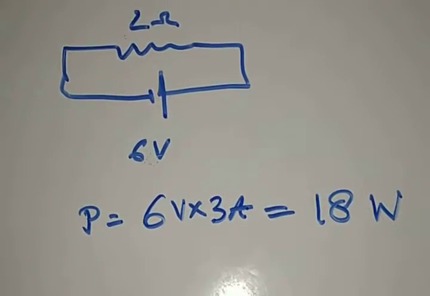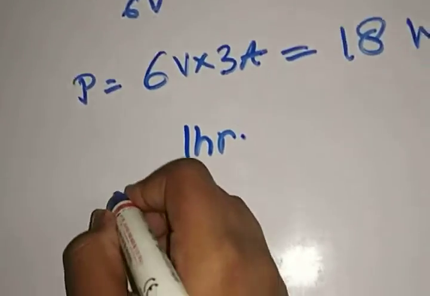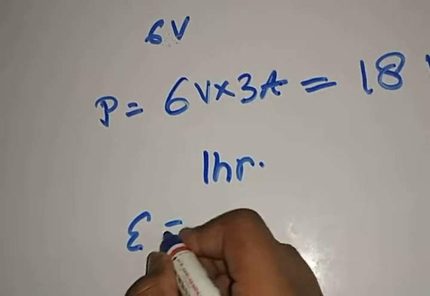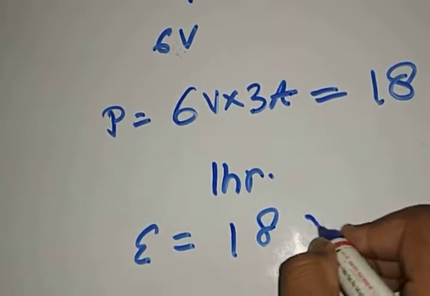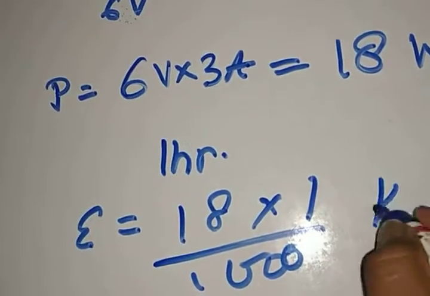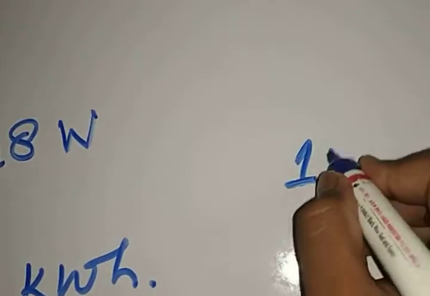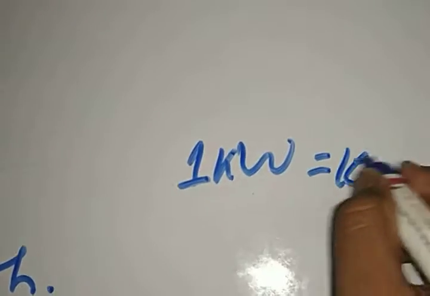And if we are given the time that it is used for 1 hour, then the energy dissipated will be 18 into 1 by 1000, as we have to calculate in kilowatt hour. 1 kilowatt is equal to 1000 watts.